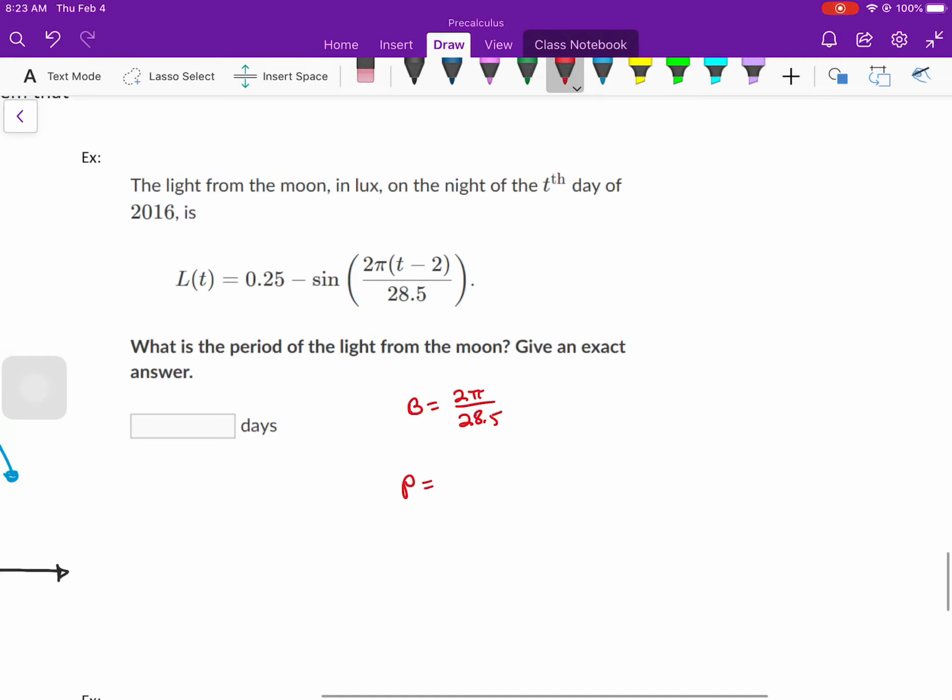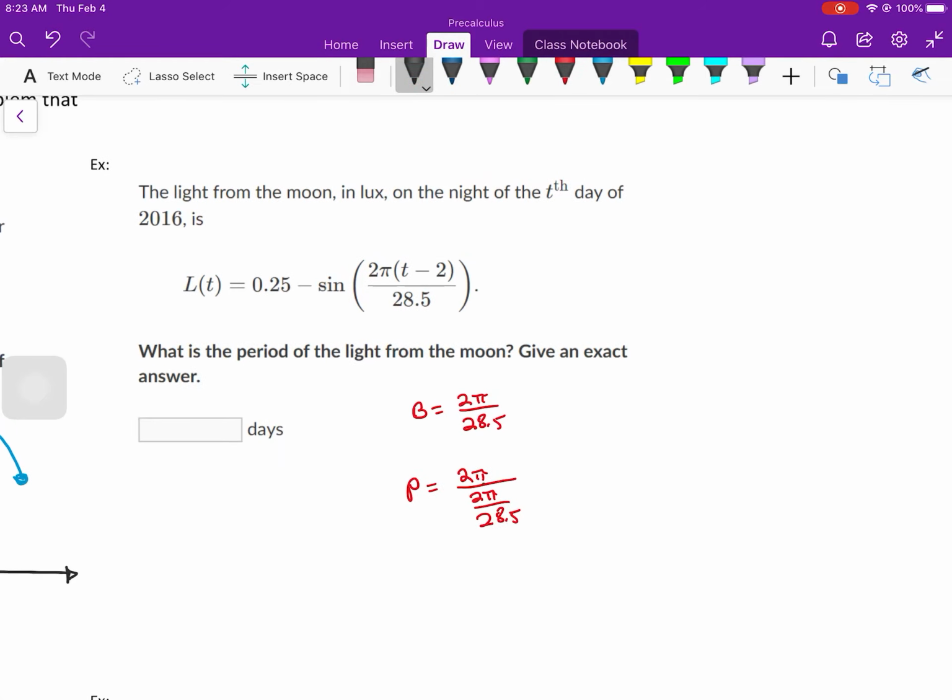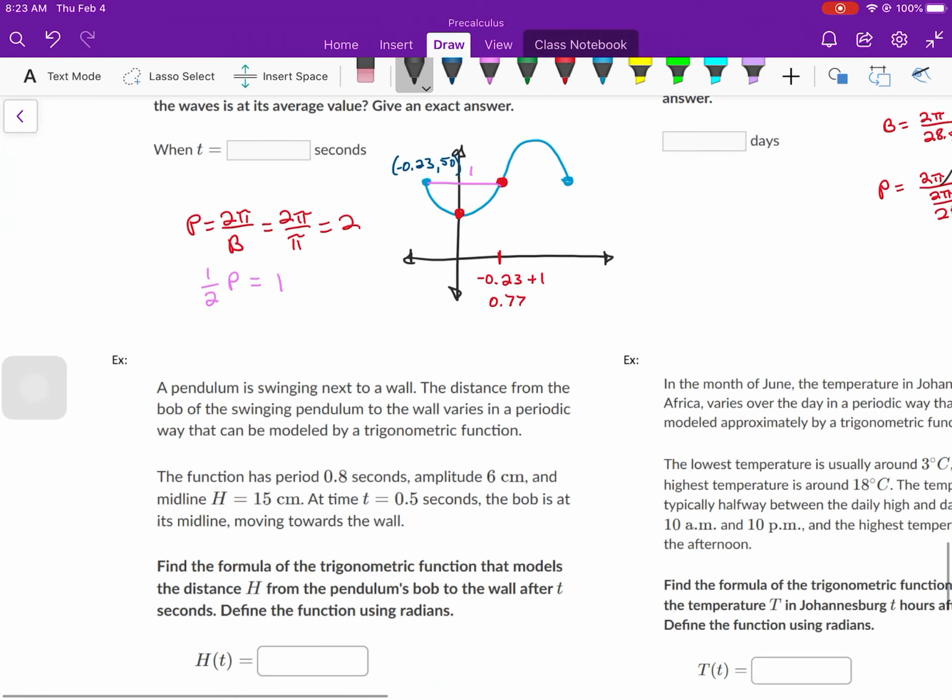So the period is going to be 2 pi over that. So remember, we have to create a fraction over a fraction. So that way it's going to be 2 pi over 1 times 28.5 over 2 pi. The 2 pi's cancel and we get 28.5. So quite easy for that one, right? That's going to be the period.